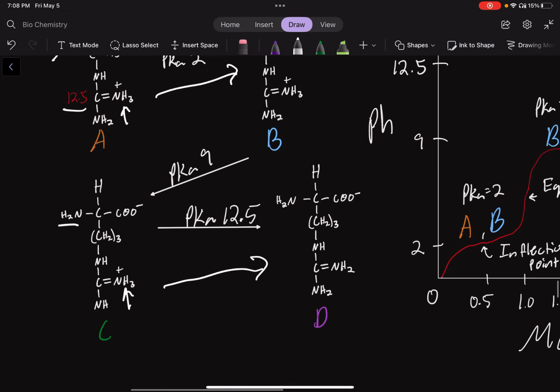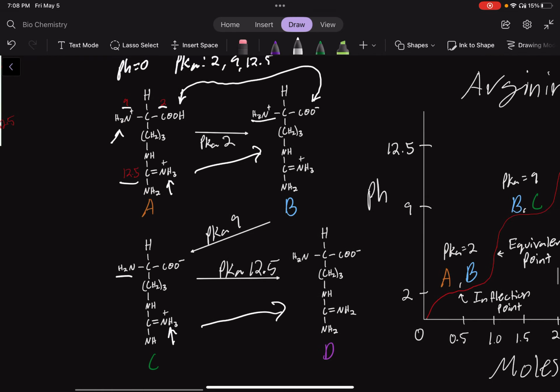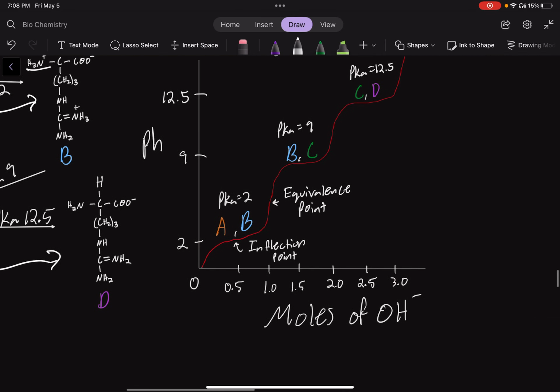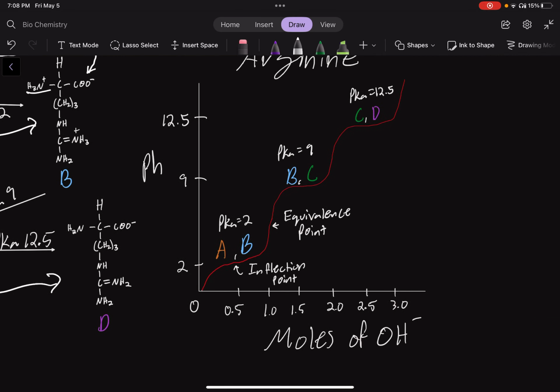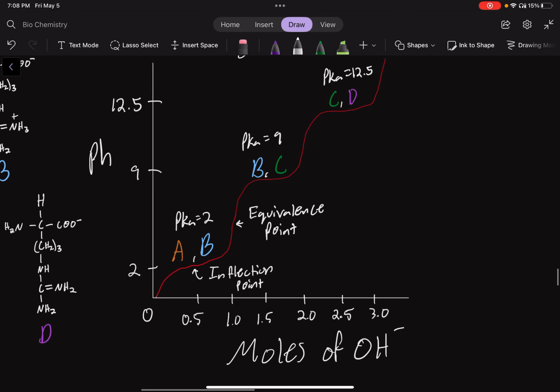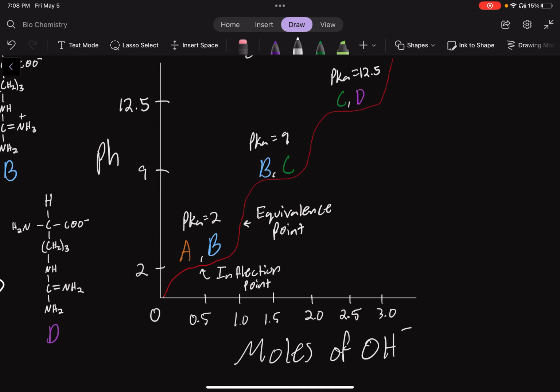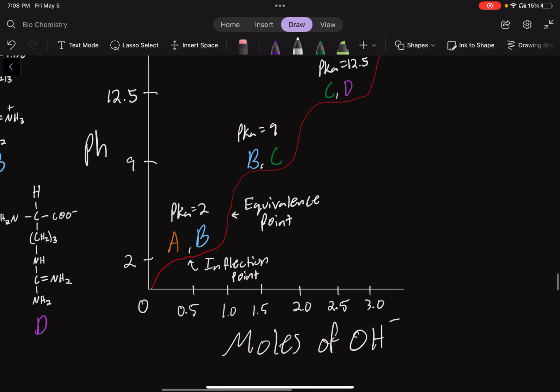To graph these molecules, we do the titration curve, and we see 3 inflection points and 3 equivalence points because there's 3 values for the pKa's. At inflection point 1, we see that molecule A and molecule B are in equal amounts.